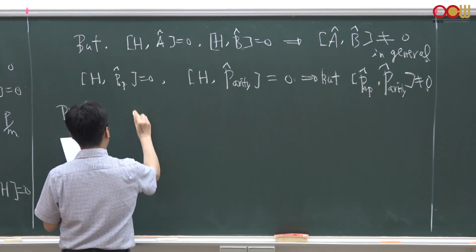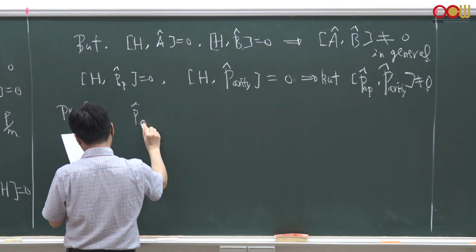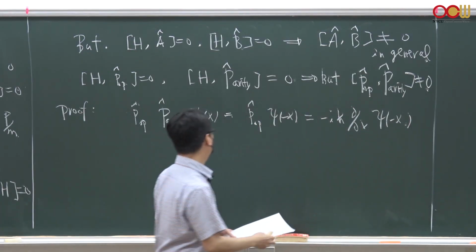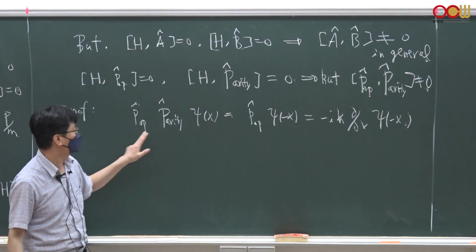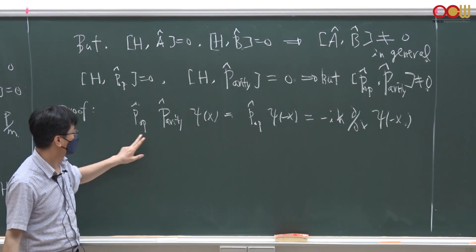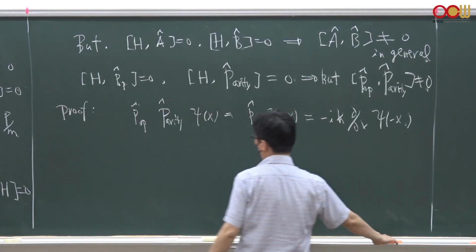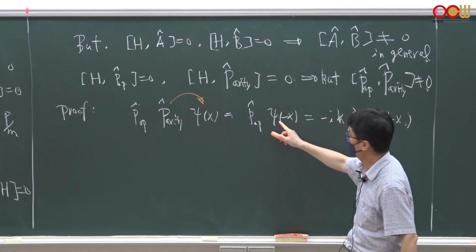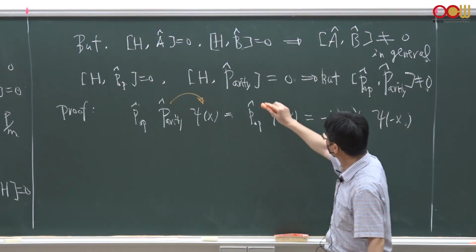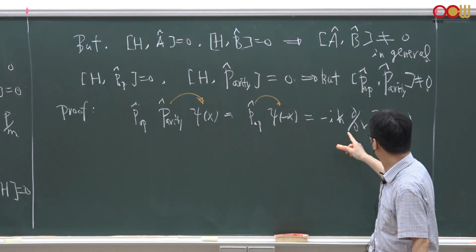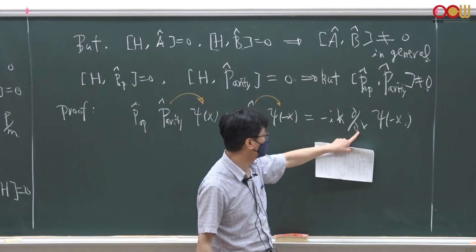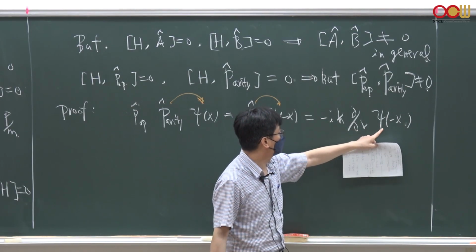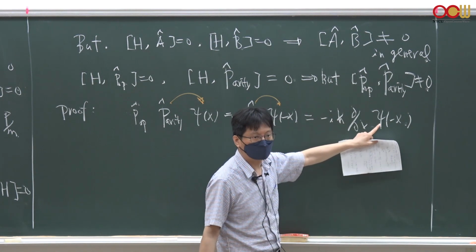So let's just look at these two different operations in different orders. Suppose I apply parity first and then the momentum operator later. After the first operation, the parity operated on this psi of x gives you psi of minus x, right? And the momentum operator acting on psi of minus x leads to such results where this partial x derivative with respect to this wave function psi of minus x.